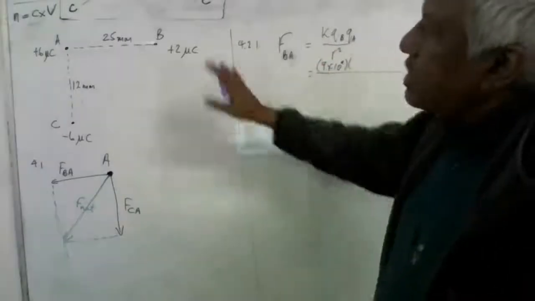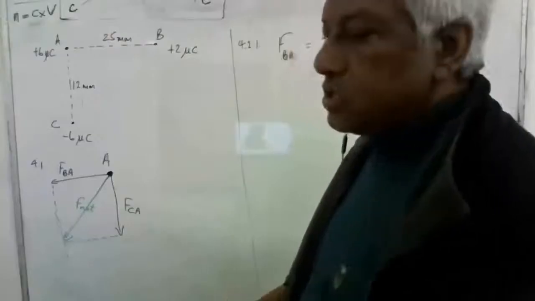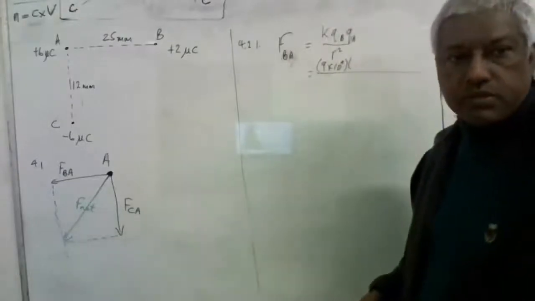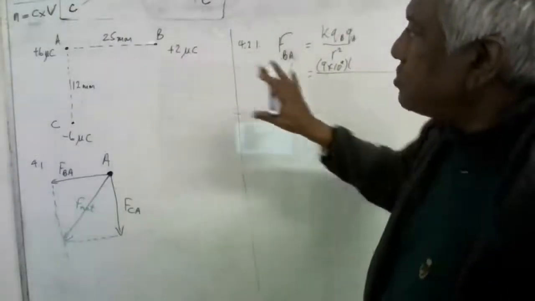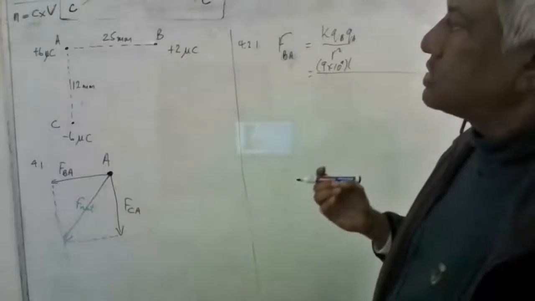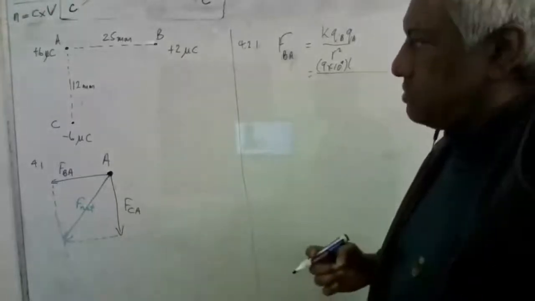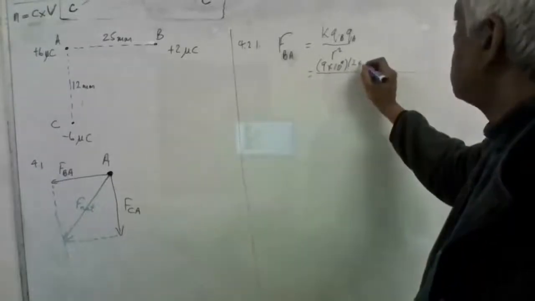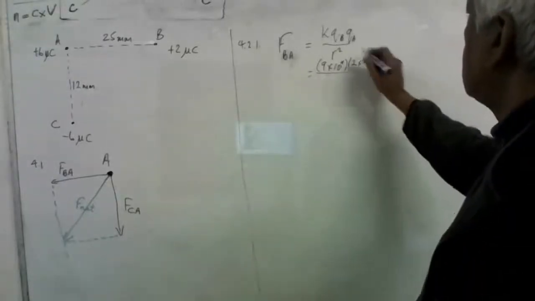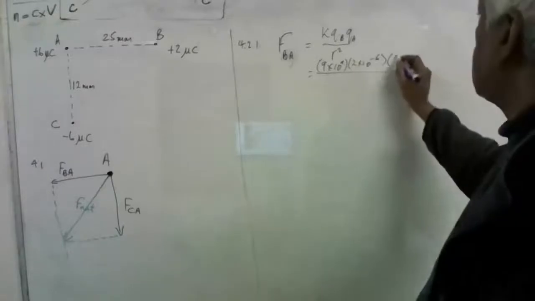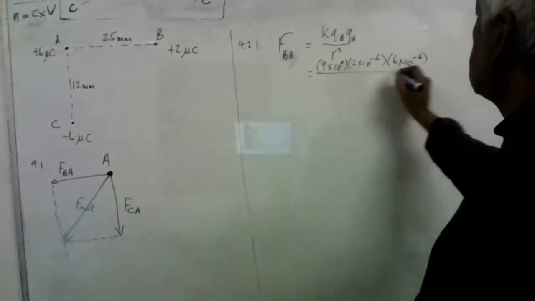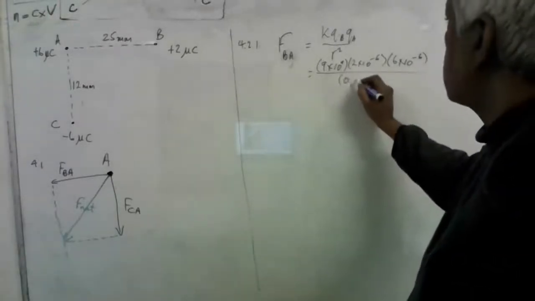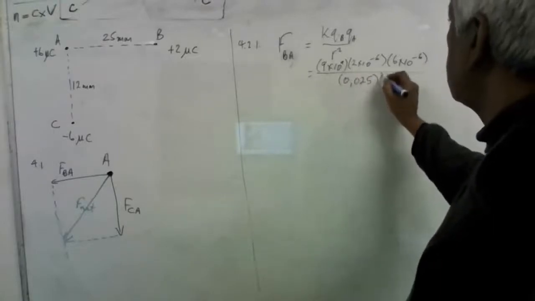You see, now that you have everything on the sketch, don't run back to the question paper. Work from what you have on the diagram. That's very important in terms of how you analyze the problem. So the charge on B is 2 times 10 to the minus 6. Charge on A, 6 times 10 to the minus 6. And the distance is 0,025 squared.